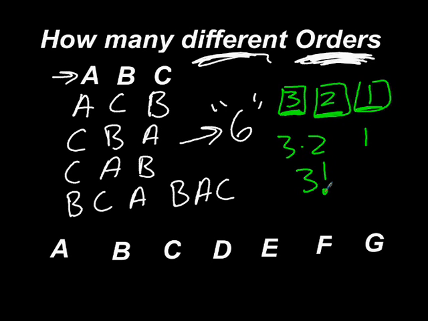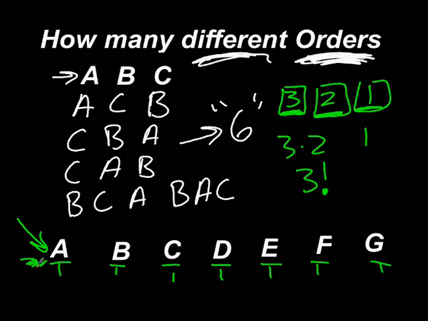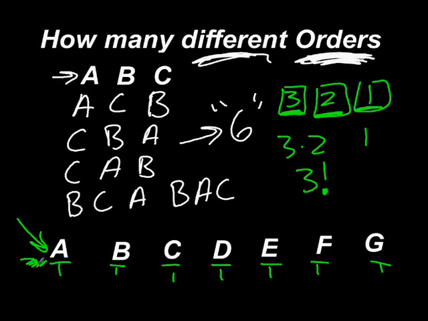Okay, now we can use this to order things. So let's say in this next one we have A, B, C, D, E, F, G, which is 1, 2, 3, 4, 5, 6, 7 different ones. Now, I'm not going to waste my time and find out all of the orders, but I know that we're going to have 7 different slots, and the first slot will be 7 choices, and then 6 choices because I used 1, and then 5 choices, and then 4 choices, and then 3 choices, and 2 choices, and the end slot will only be 1 choice for the last one, and we're going to multiply them all together to get the answer, which actually equals 7 factorial.